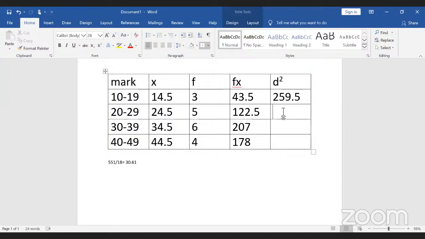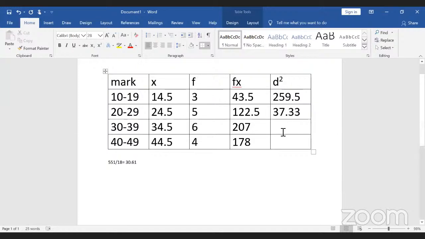Negative 6.11. Again, remember we are avoiding negatives. So we square the deviation so that we now fill in the column for deviation squared. What are you getting after you've squared? 37.33.